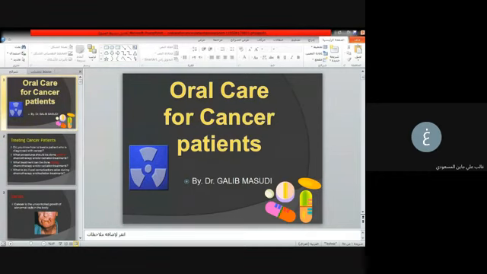What part of the mandible or maxilla and salivary glands are in the field of the radiation?